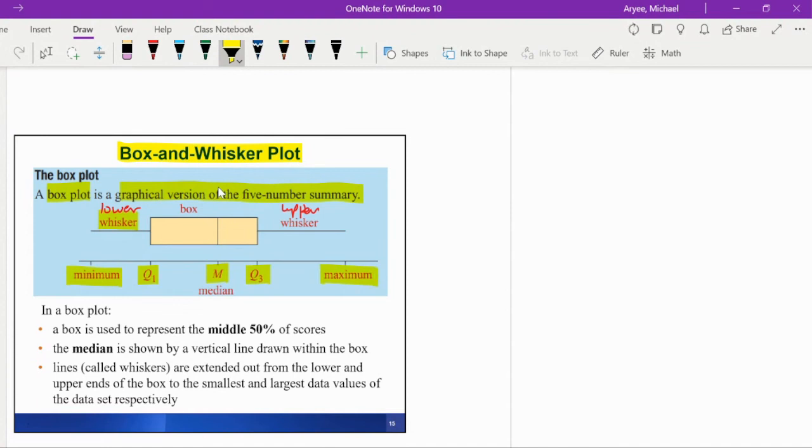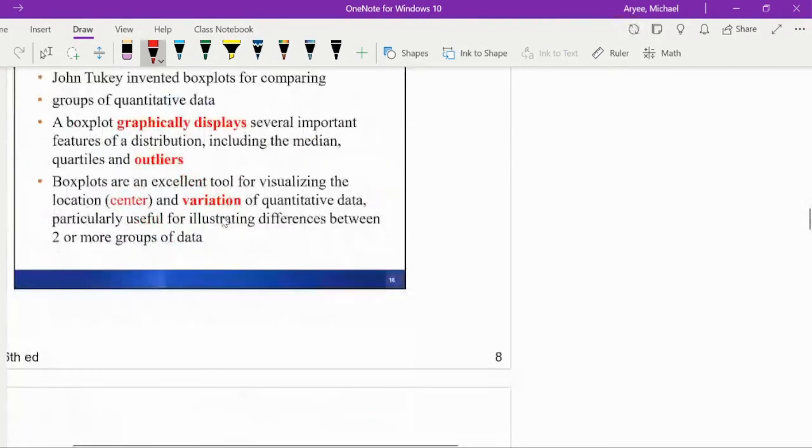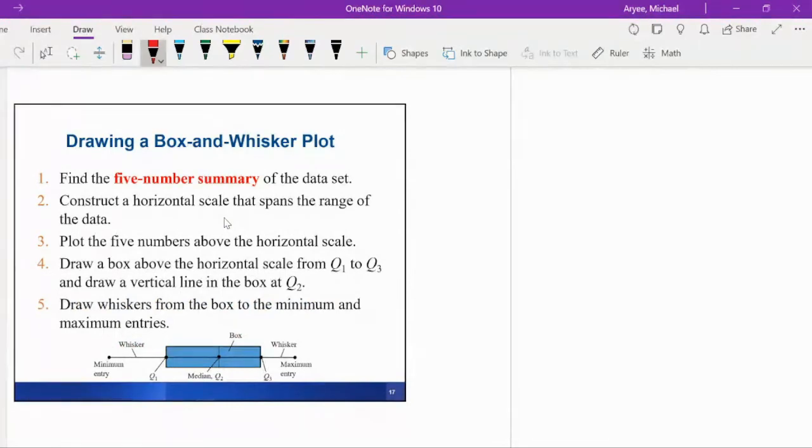The middle here, from Q1 to Q3, is the interquartile range, or the middle 50% of your data. Now for this class, when we are drawing outliers, we're going to be doing what we call modified outliers.